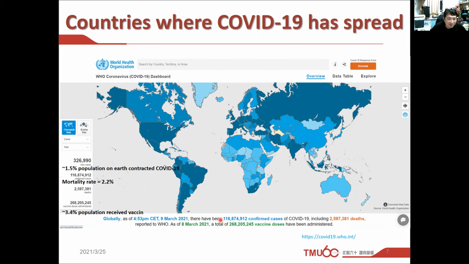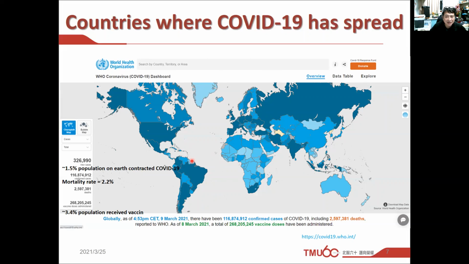This number suggests that 1.5% of the population on Earth contracted COVID-19, and the mortality rate is equal to 2.2 as of March 9th, 2021.